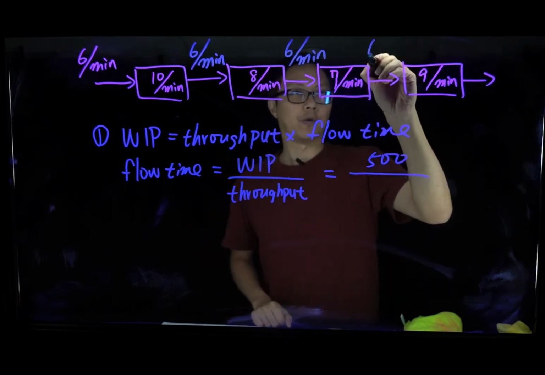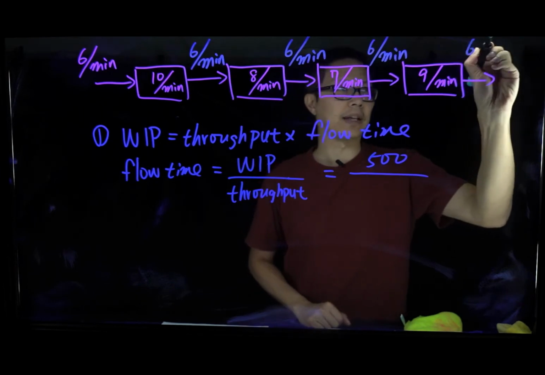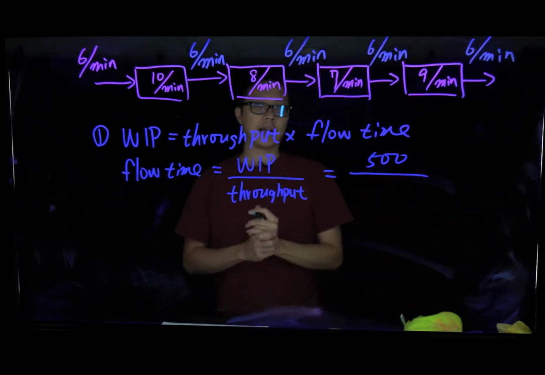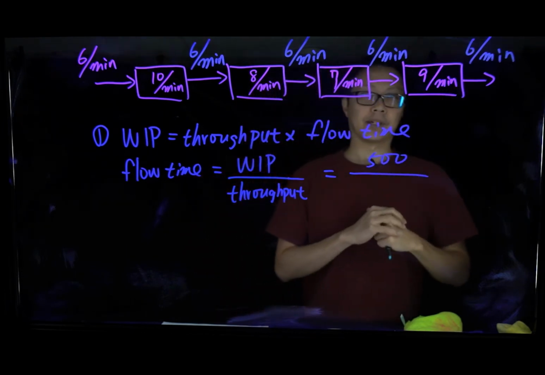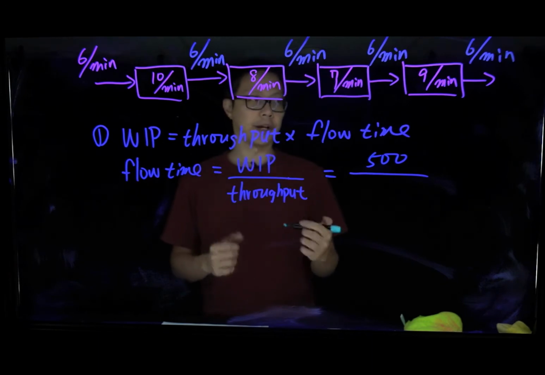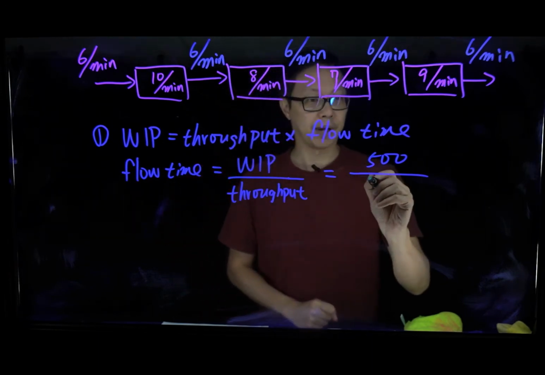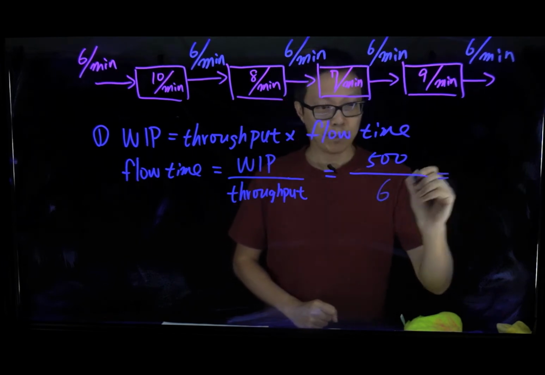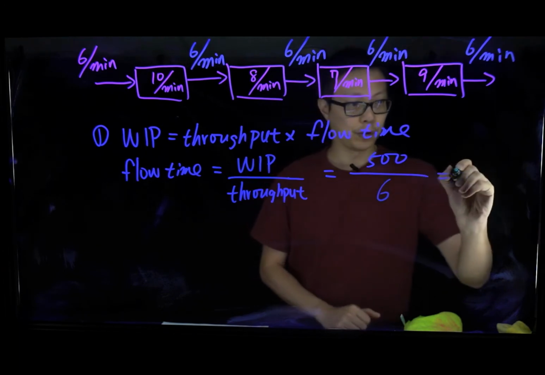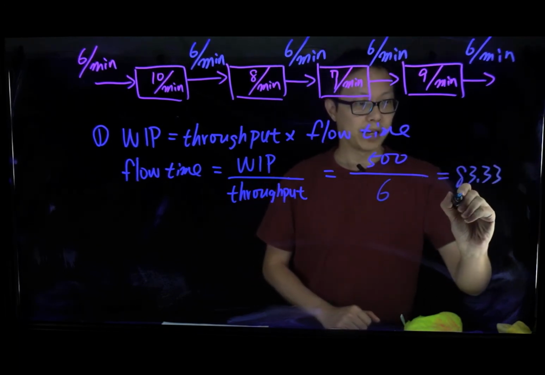It will be identical here, and finally identical here, since 6 is slower than 9. In other words, our output rate will be 6 per minute, and the definition of throughput is your output rate. So in this case, our output will be 6 units per minute. That means our flow time will be equal to 83.33 minutes.